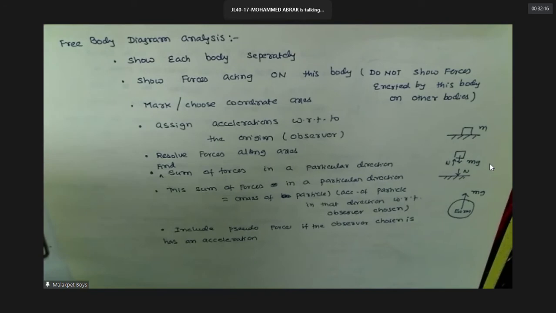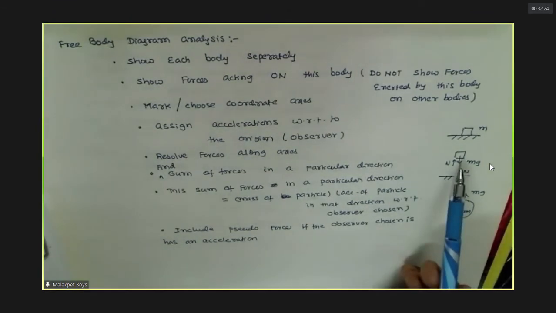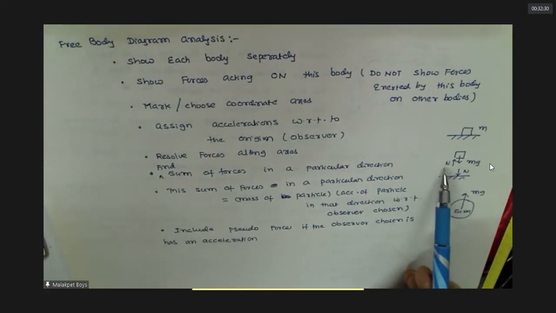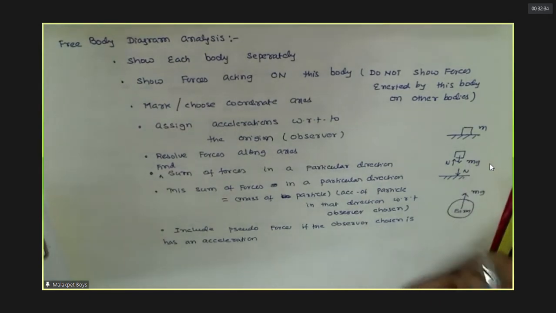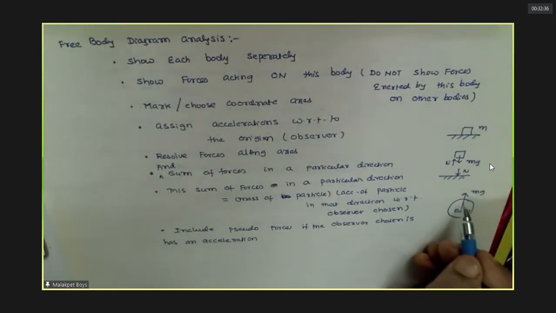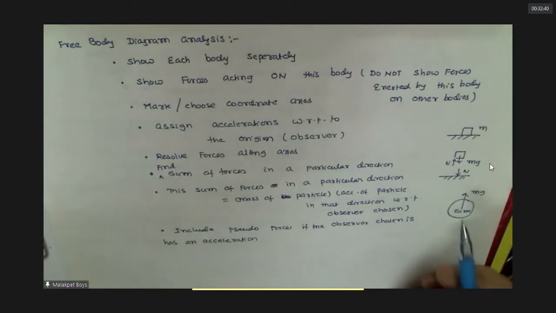Sir, what is the meaning of the second point? Do not show forces exerted by this body on another ball. You're showing the forces of this; on this, what are the forces? One is exerted by Earth, the other by this. This also exerts on this, but do not show that. Don't show another body's forces. This is exerted on Earth, this is exerted on the surface.